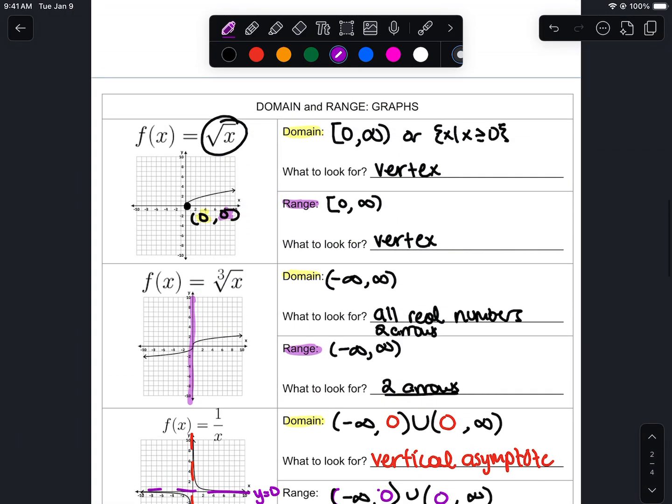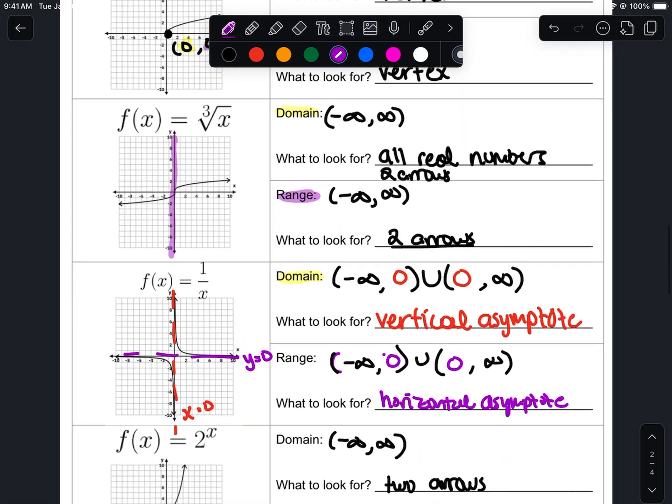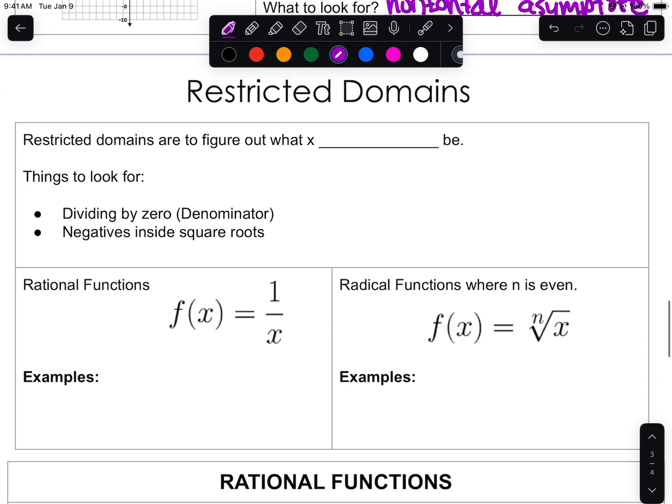So we're going to focus a little bit of time on the square root function and the rational function, the ones that have domains that are not all real numbers. These are what we call restricted domains, and it's about figuring out what x cannot be. There are two things: you can't divide by 0, which is our rational function, and you can't have negatives inside square roots.